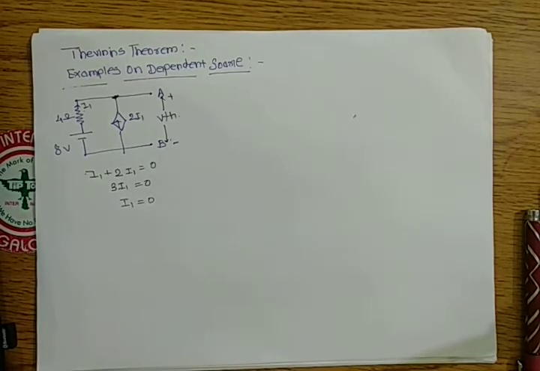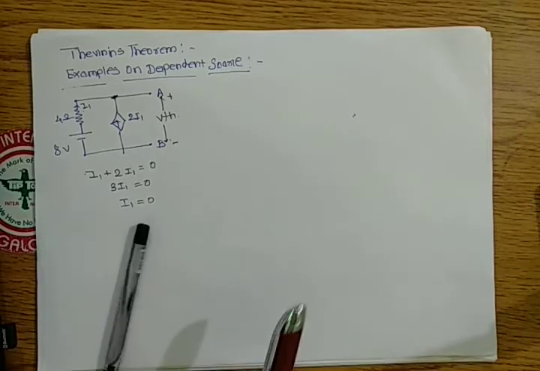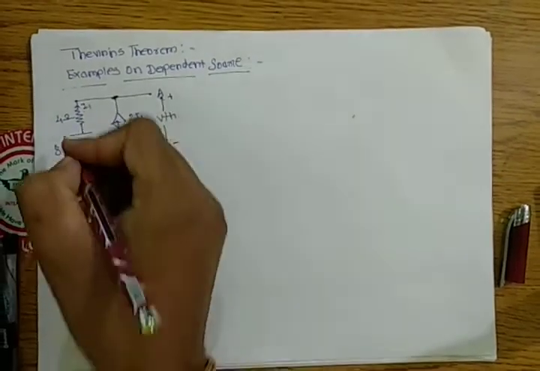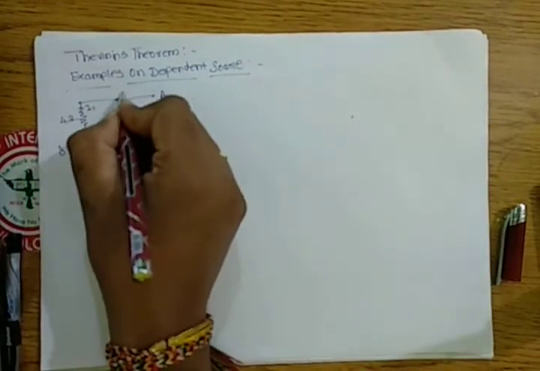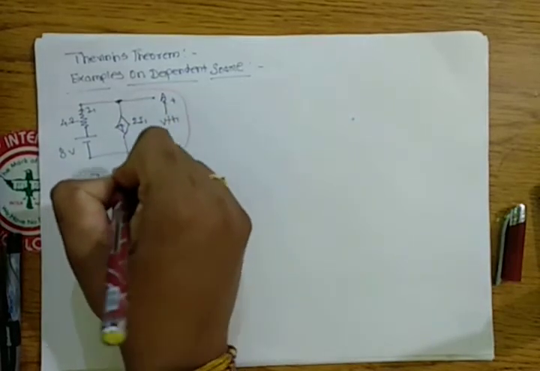Now, writing the VTH equation. How do we write it? For the whole circuit, I will draw it in a different color. We will start from here and cover this loop.